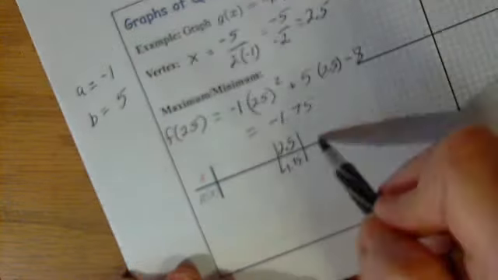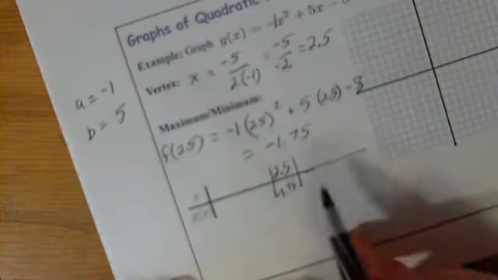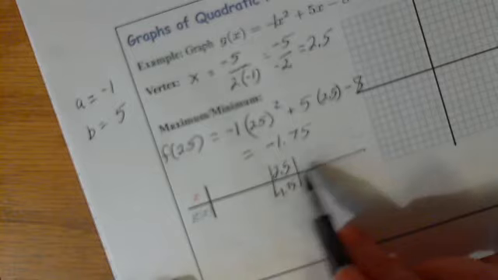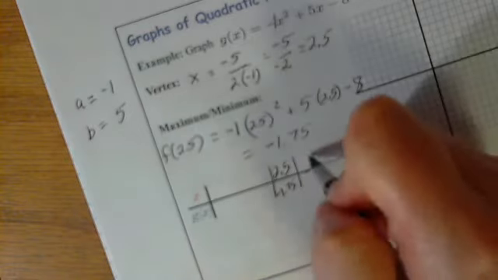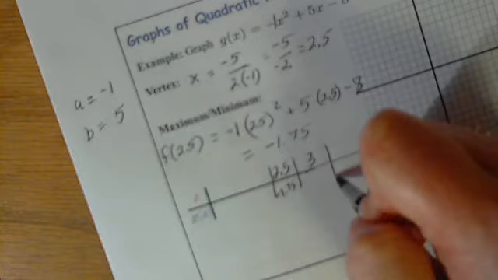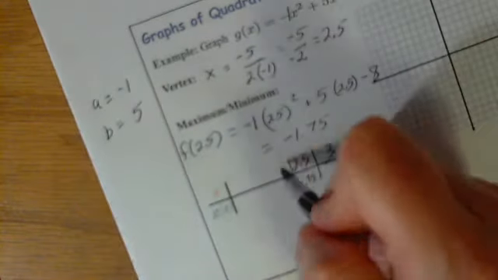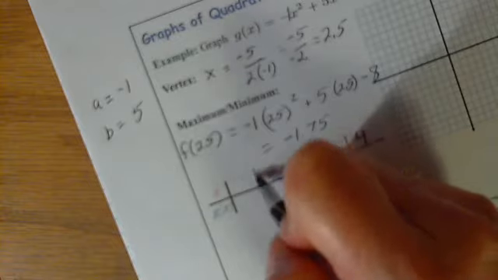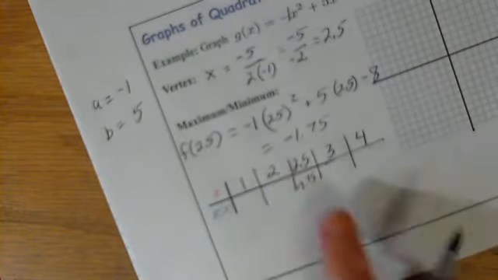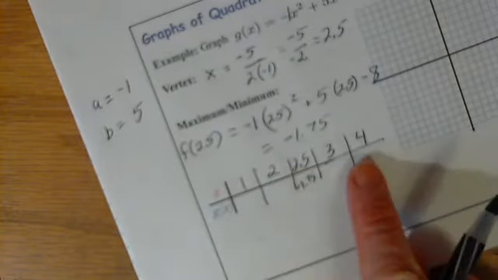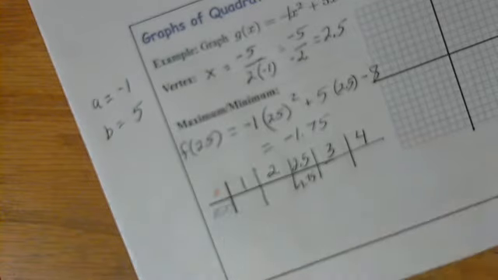And I want values on each side of that. I'm not going to go up by one whole because I want integers here. So I'm just going to go to 3 and 4, and on the left side, 2 and 1. Values on each side that are nice integers are the best ones to work with.